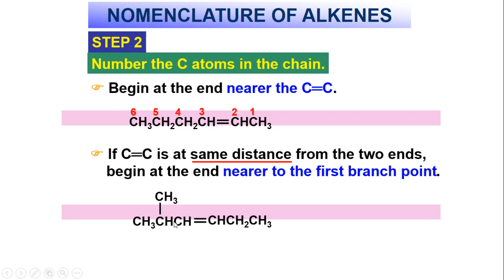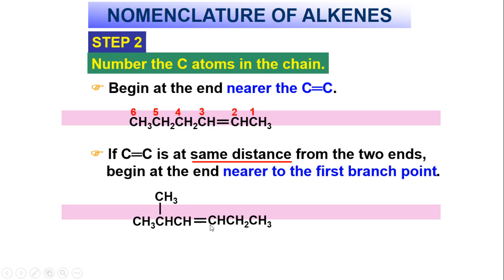So the parent chain from this side has 3, and from this side also 3. The distance from here to there and from there to there is the same. So when it comes to numbering, you now consider the side which has the first branch.